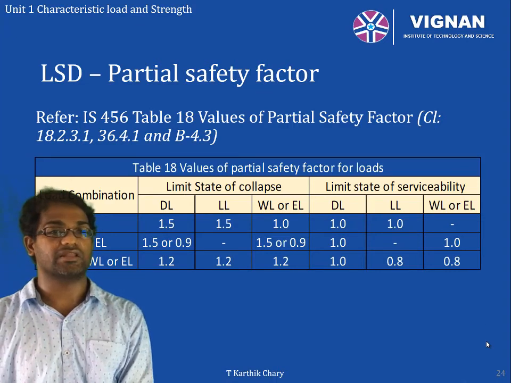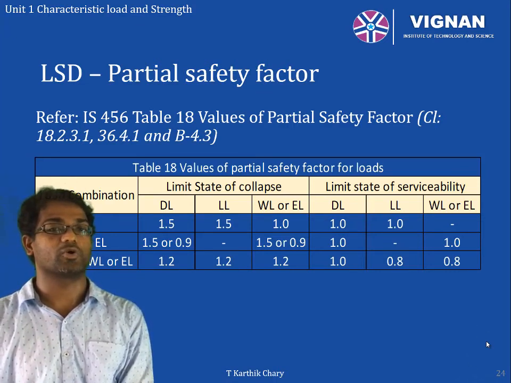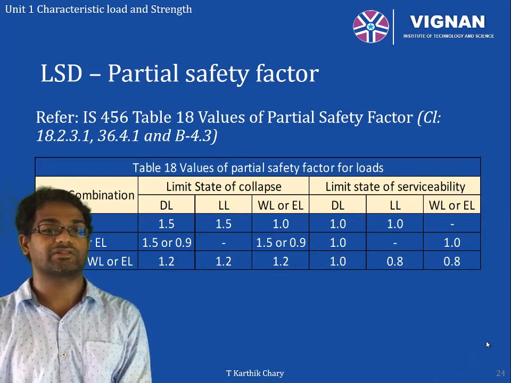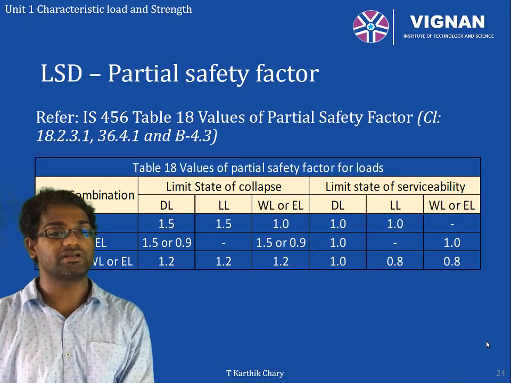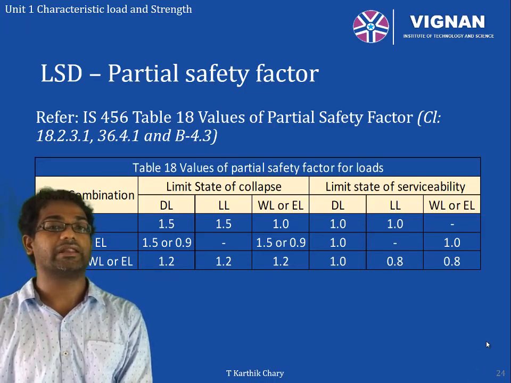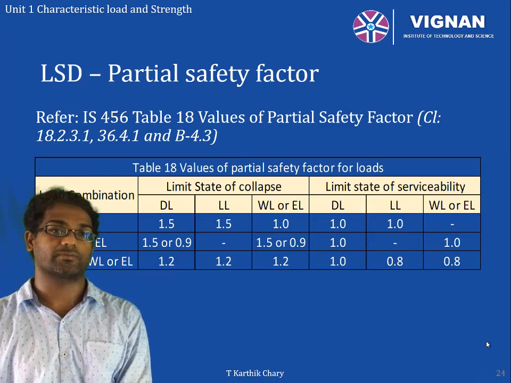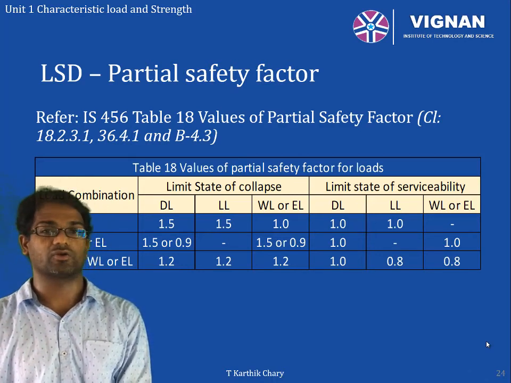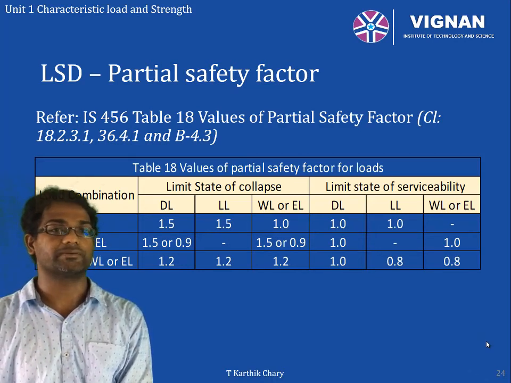So there are three combinations which I have quoted there: dead load plus live load, dead load plus wind load, or dead load plus earthquake load. The third is dead load plus live load plus wind load, or dead load plus live load plus earthquake load. It is to be noted that you should always consider either wind load or earthquake load. Both of them should not be considered together.